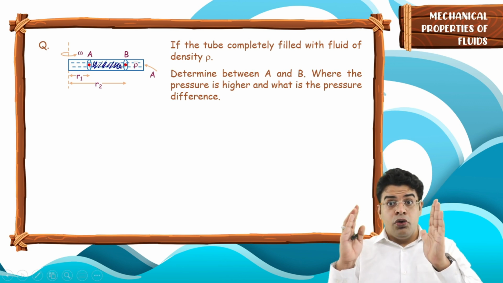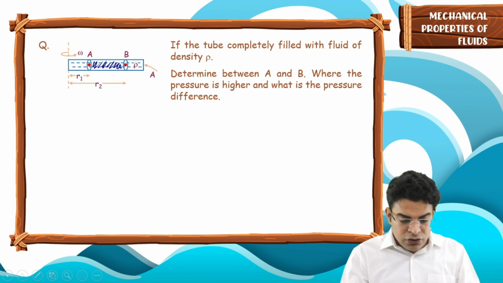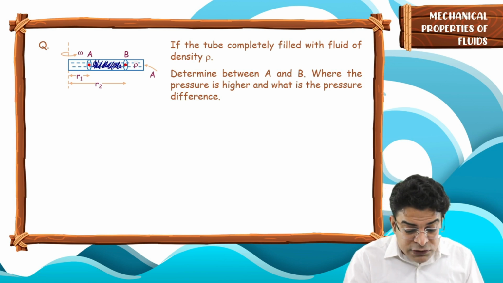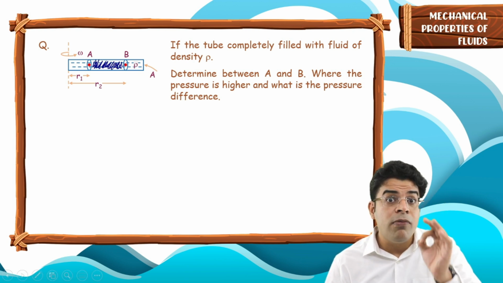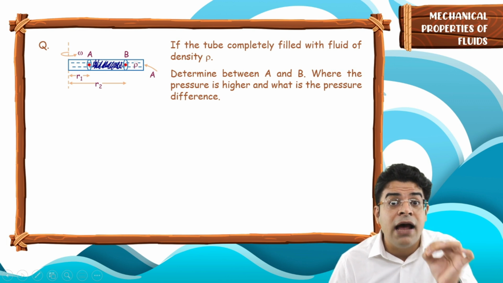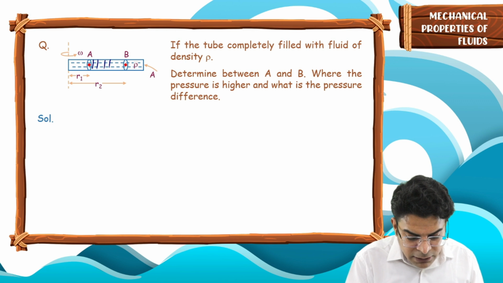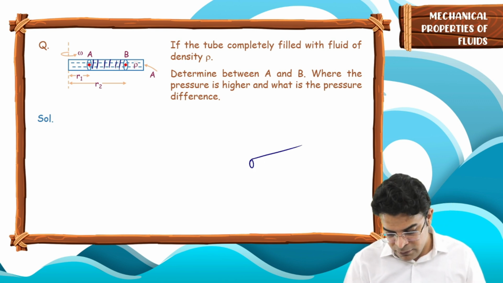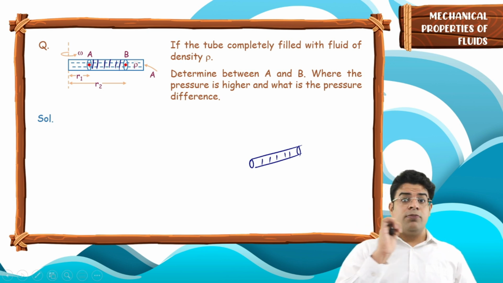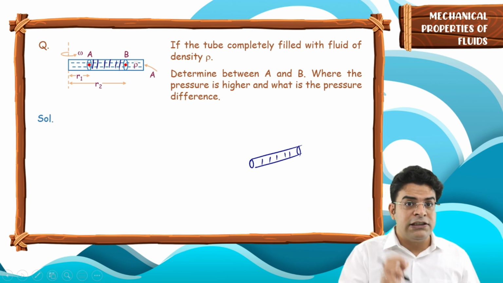The whole tube moves in a circle. So this part of fluid also moves in a circle. And to perform a circular motion, you must have a net force towards the center. So if we visualize only the part of fluid between A and B, we will say since it performs circular motion, it must have a net force towards the center.